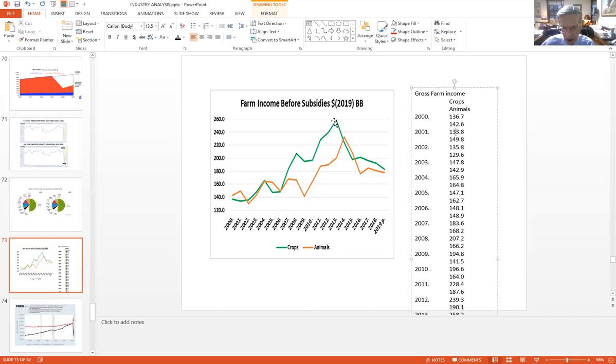But you can see that farm income in recent years has not been generous to the farmer due to pricing, high yields and so forth, and more recently due to strains in relationships between Russia and China and the United States. The US farm industry used to, and still does, ship quite a lot to China and Russia, but not as much as in the past.